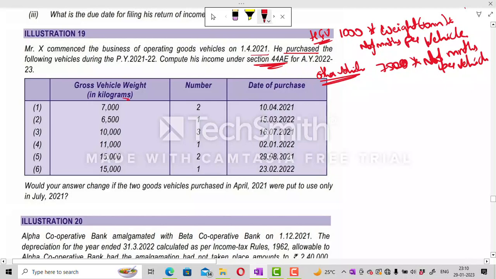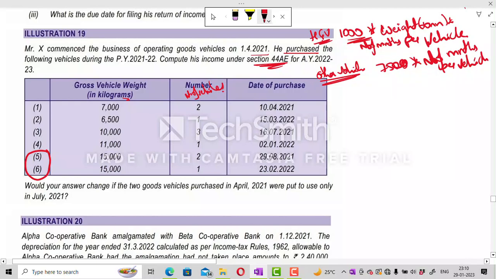What in case of kgs? 12,000 kgs. Only vehicles 5 and 6 are heavy goods vehicles. For them we need to calculate like this, 1000 into like that. For the others, 7,500 into the number of months per vehicle.